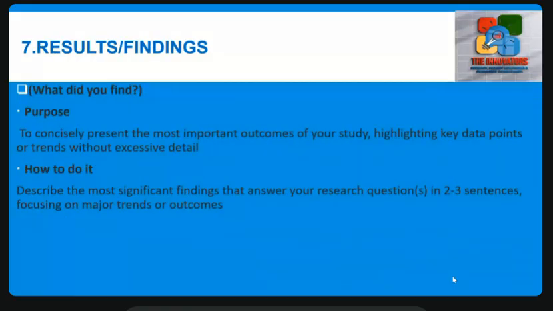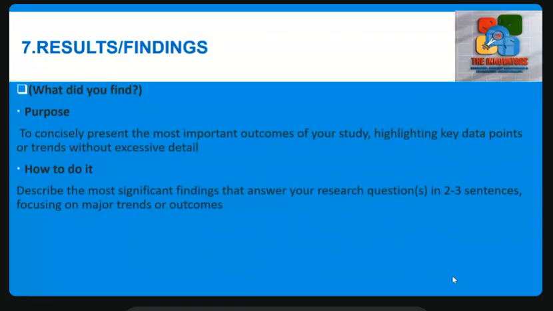Let us move to the seventh part of the manuscript abstract for scientific writing, which is the results or the findings. The purpose of this part is to concisely present the most important outcome of the study or the project or the report, highlighting the key data points or trends without excessive detail.